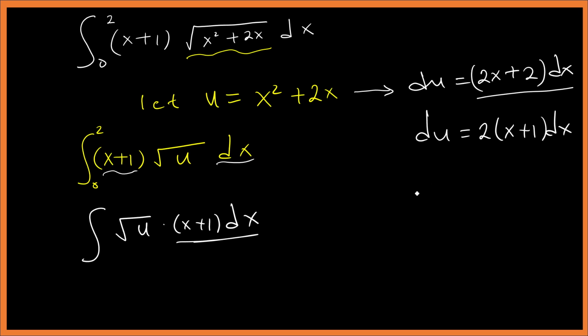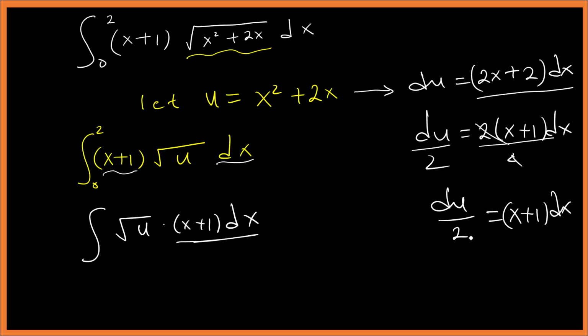We can divide both sides by 2. This side will cancel, so we have du over 2 equals x plus 1 dx. Remember, this side is the same as half du equals x plus 1 dx.